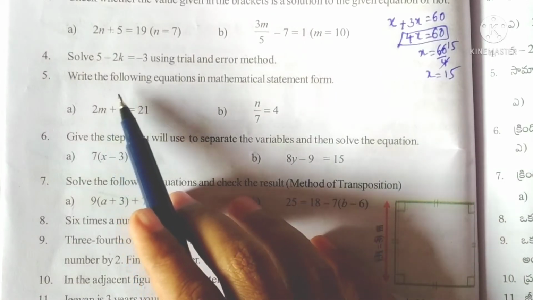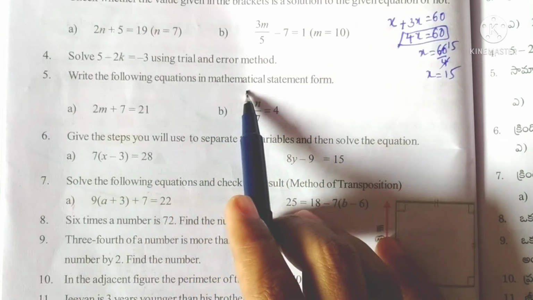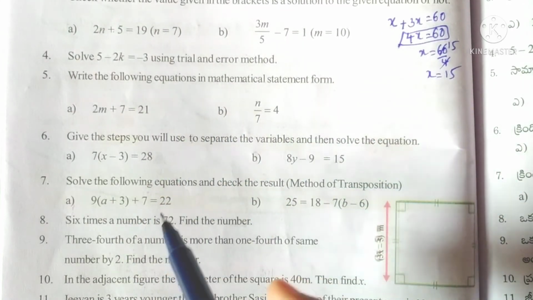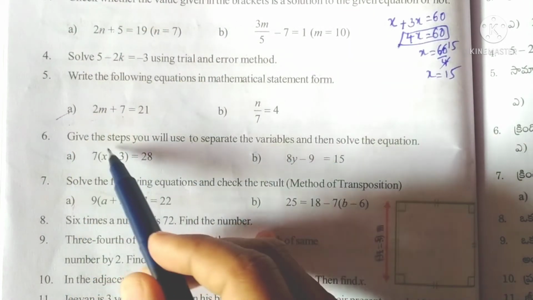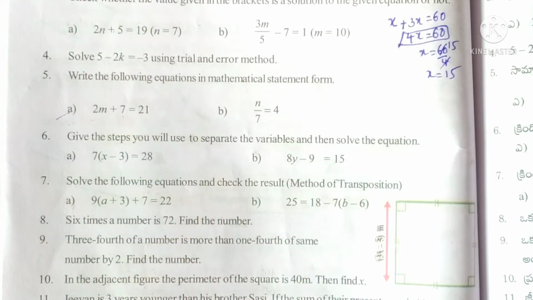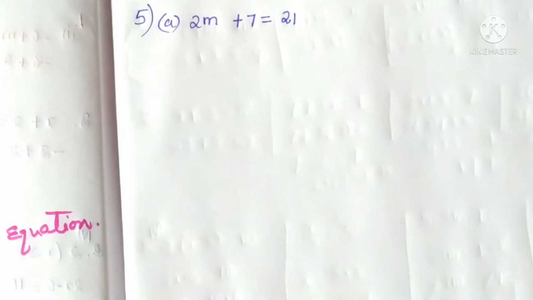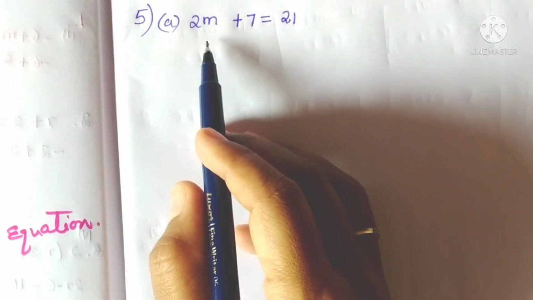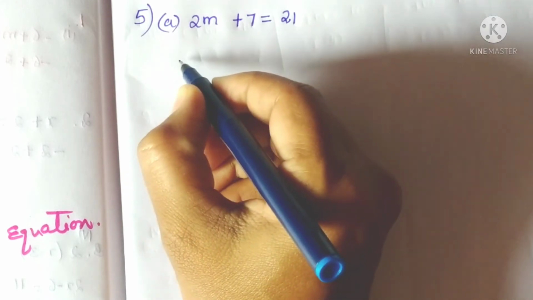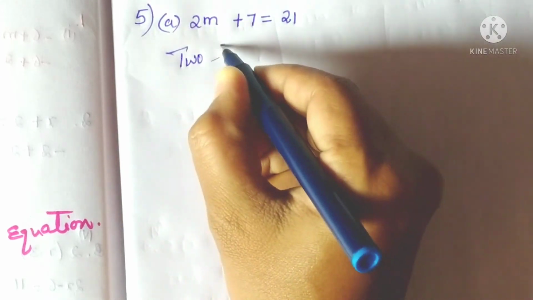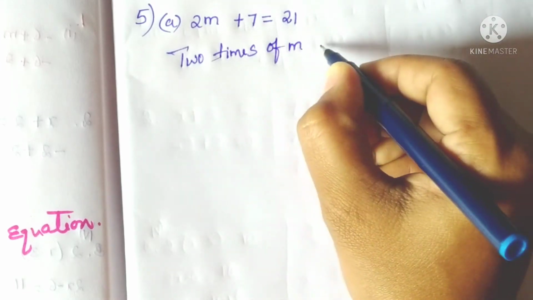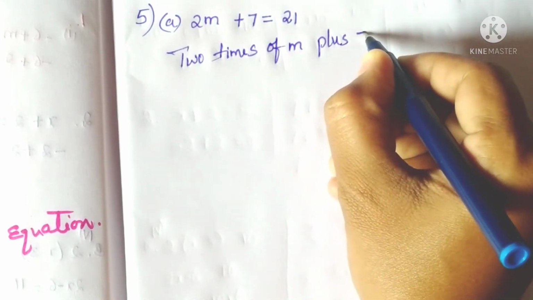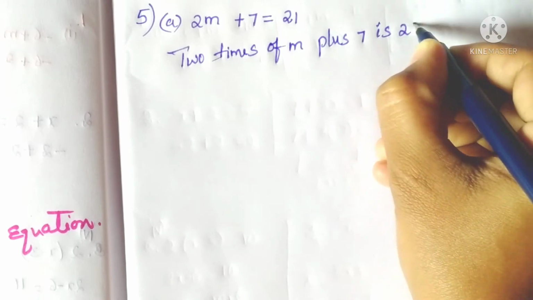Fifth problem. Write the following equations in mathematical statement form. Okay, we want to write the statements here. First one, 2m plus 7 equals 21. So 2m means 2 times m. So we can write 2 times m plus 7 is 21.